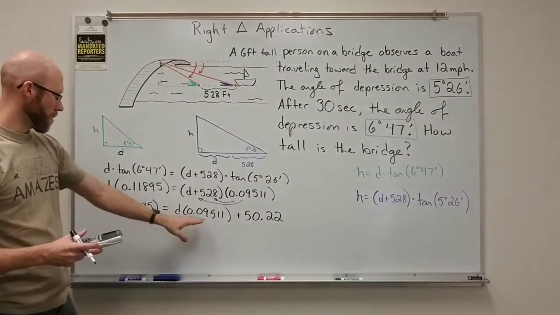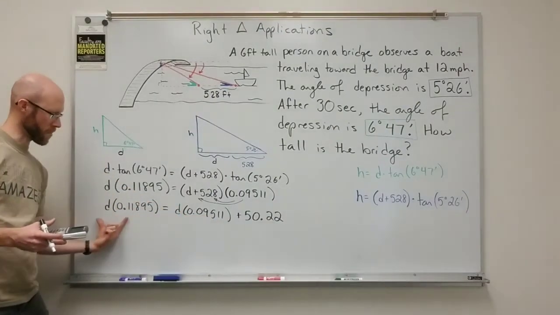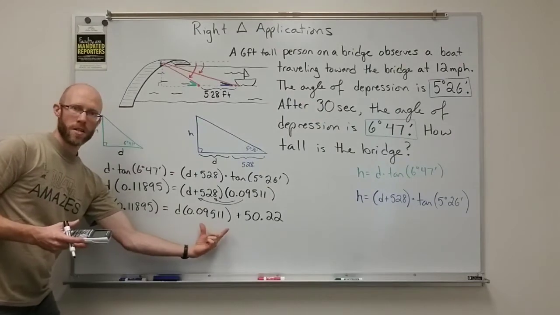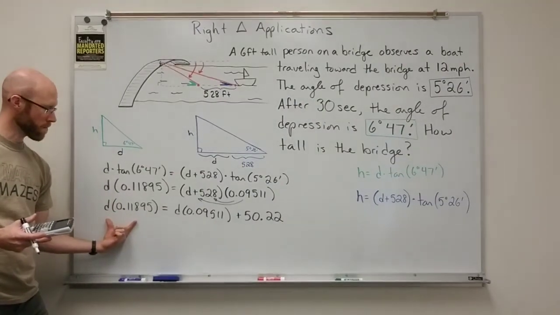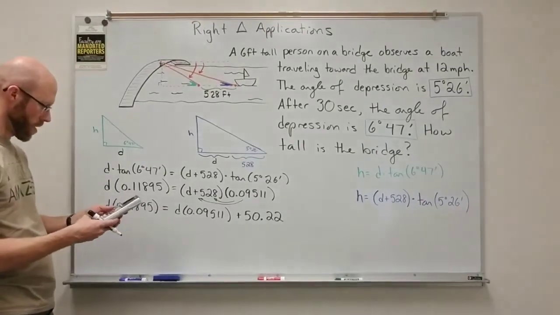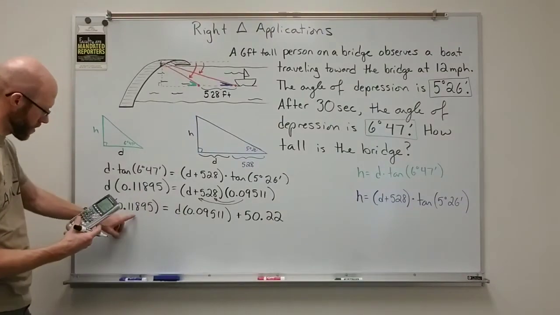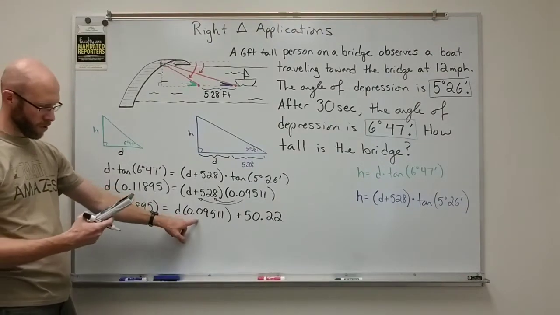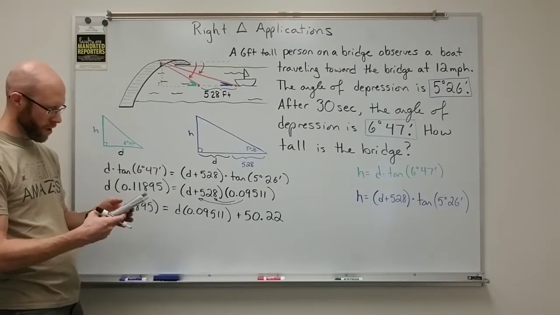At this point, I might try to get these D terms together. Remember, this is a number times D and a number times D. If I subtract this D term from both sides, I'll keep them just together on one side. So I'm going to put 0.11895, that's this number, minus this coefficient, 0.09511.